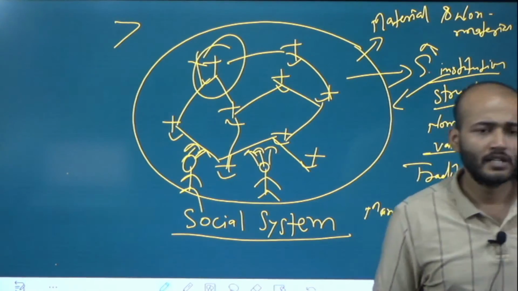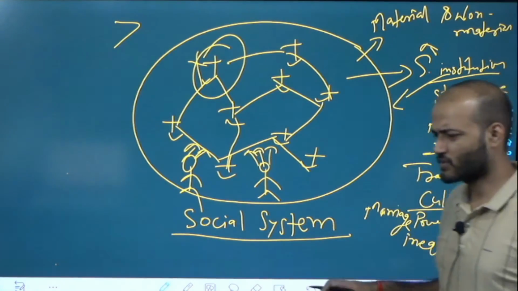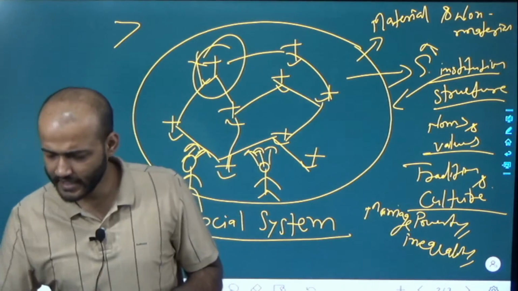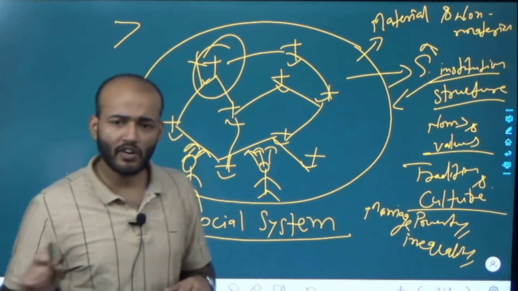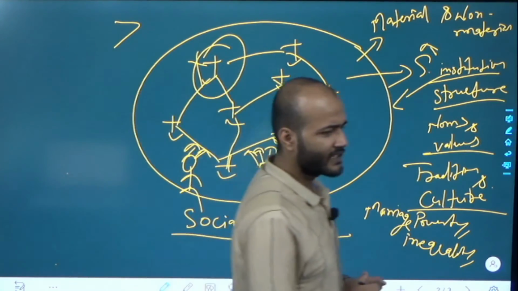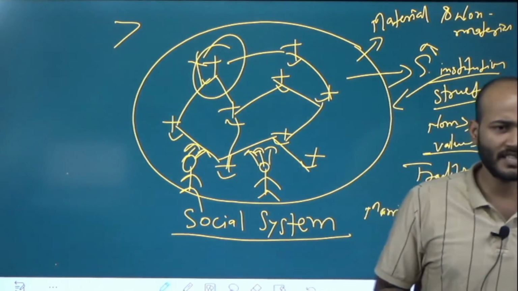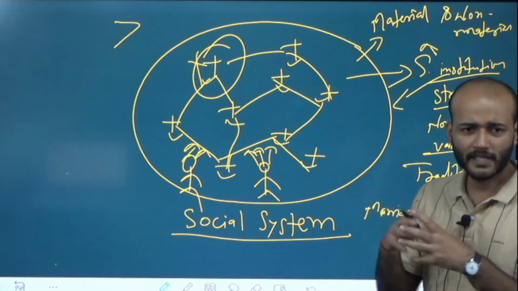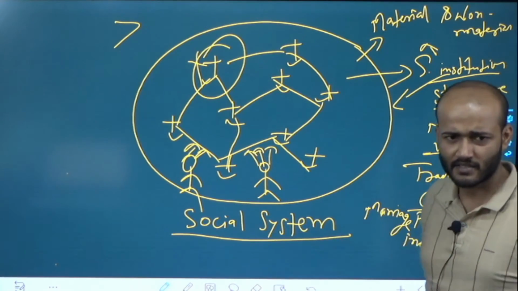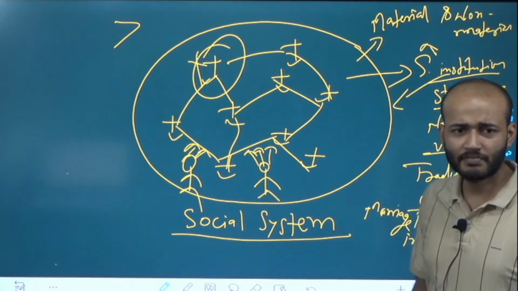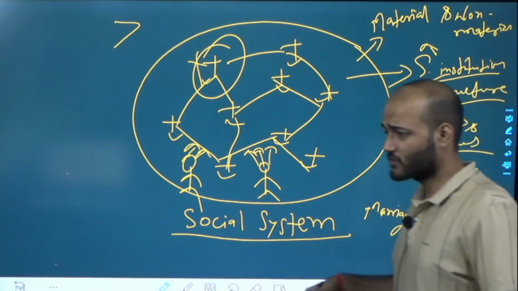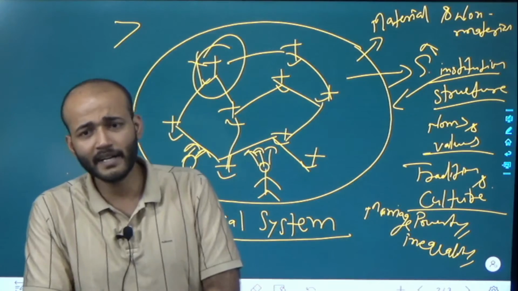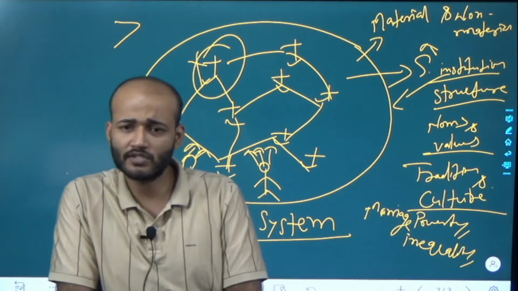So he says that in society or in any social system, there are always some forces and factors working day and night which maintain such equilibrium and the pattern of the social system. What could be these possible factors working for maintenance or bringing equilibrium to the social system?